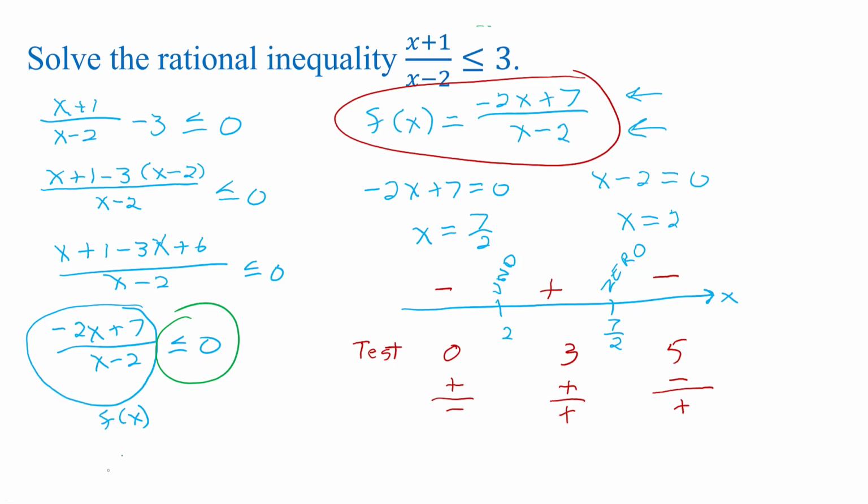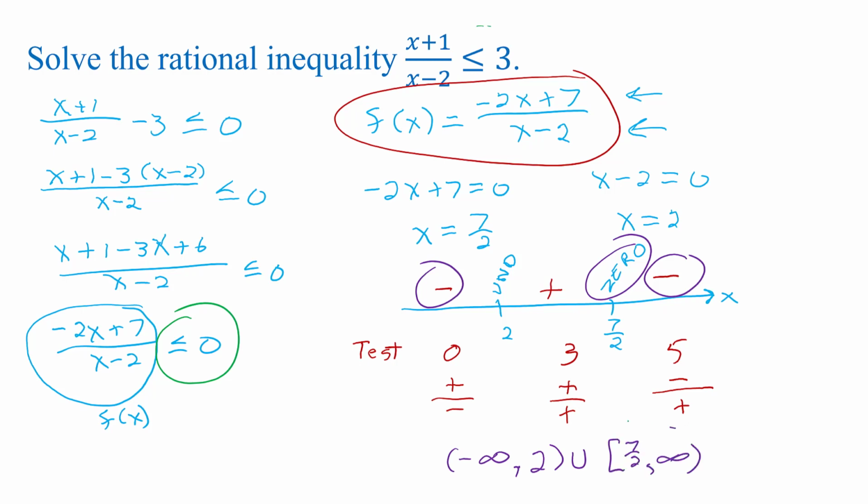So let's see where we got. We have negatives here, and then we have 0 at 7 halves. The solution would then be negative infinity to 2, not including 2, union 7 halves to infinity, and we do include 7 halves here. Okay, so there we have a solution.